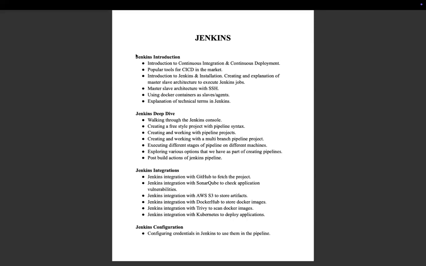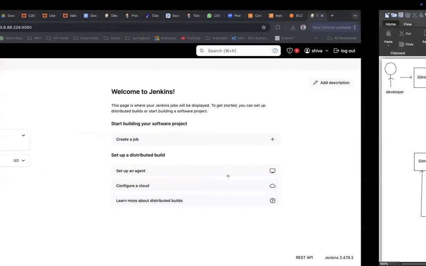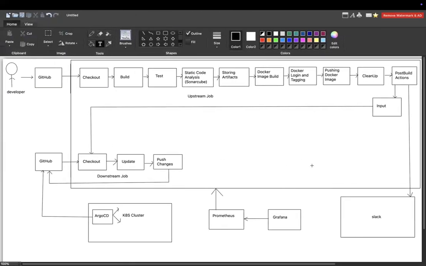And this is going to be our Jenkins syllabus, and the project should be clear with yesterday's class actually. Okay, now this is a full-fledged CI/CD pipeline. One more time I'm saying, we are integrating the CI/CD pipeline with Prometheus and Grafana for monitoring of the Jenkins machine.